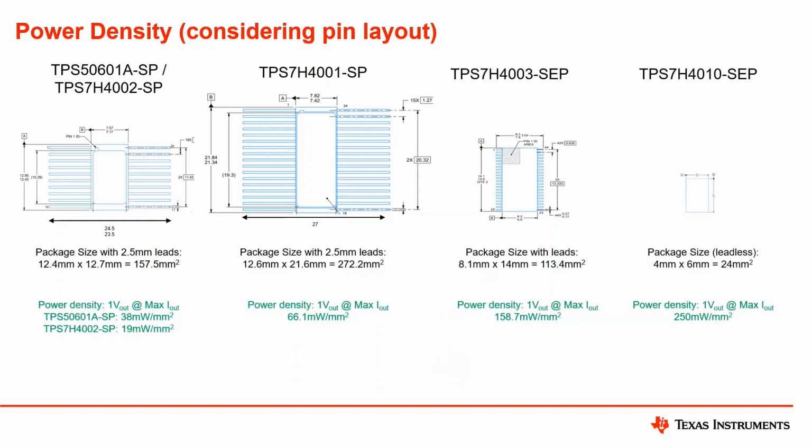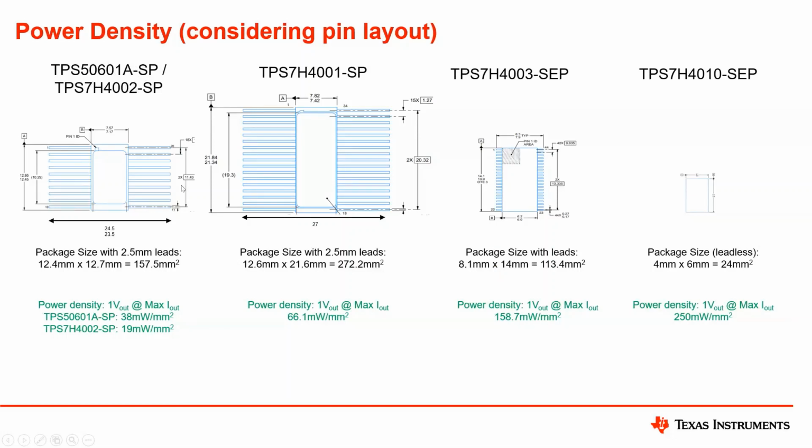By best-in-class power density, this gives you an overview of the different sizes we're referring to. On the left here is what we have in our rad-hard hermetic devices for switching regulators. The 50601A and the TPS7H4002 are both in the same footprint, same package. These are respectively the 6 amp device and 3 amp device.